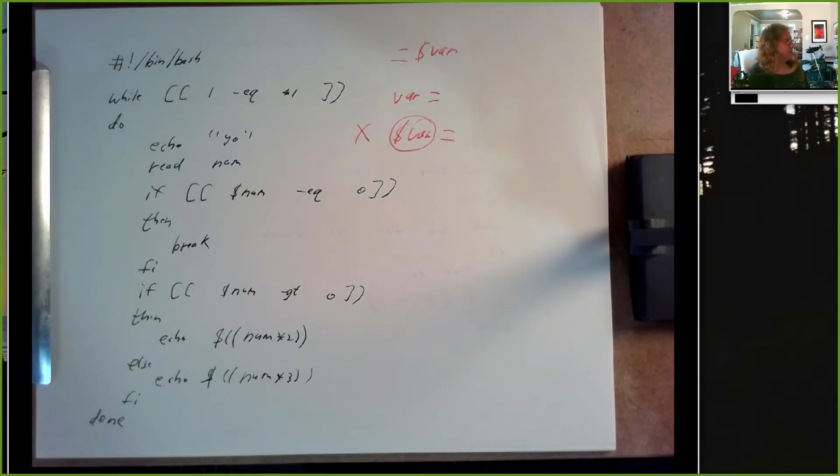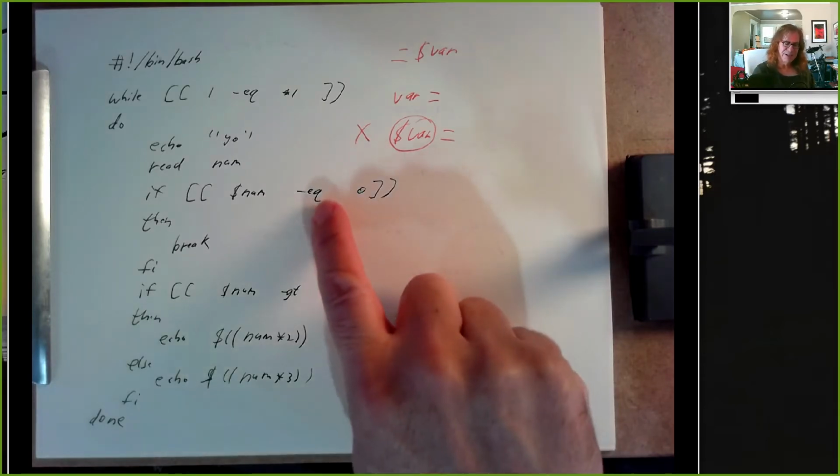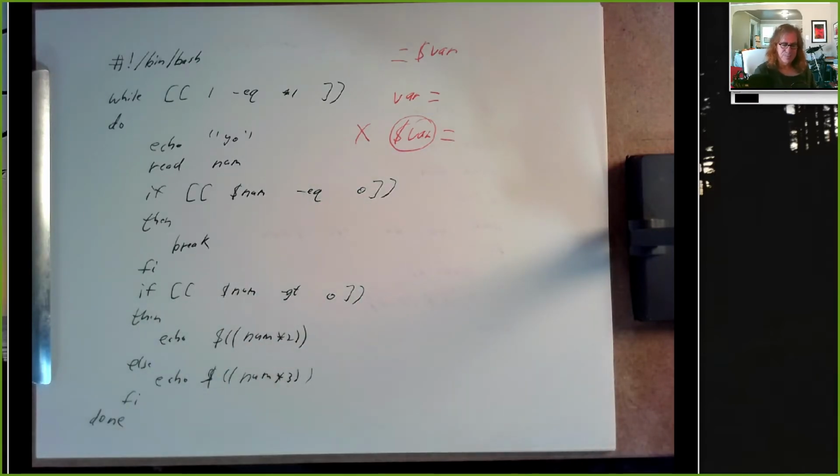Let's see what else. Not printing anything. A few people squared and cubed their numbers instead of multiplying by 2 or 3, which was interesting. I didn't take off for that. You had to be checking to see if something was positive or negative. It's really easy to do things like, if you do this check at the end, you may accidentally print 2 times 0 or 3 times 0.